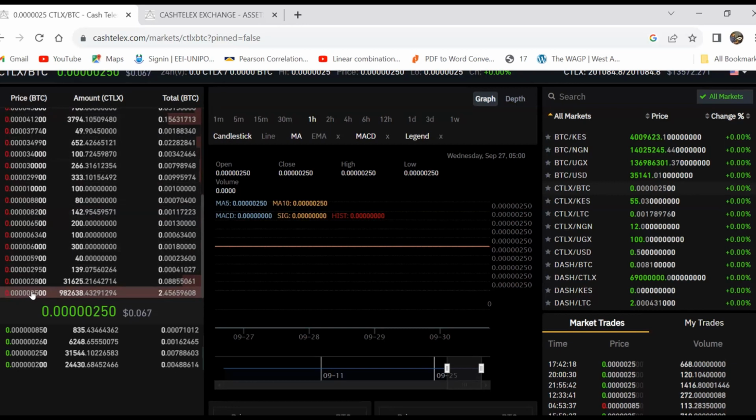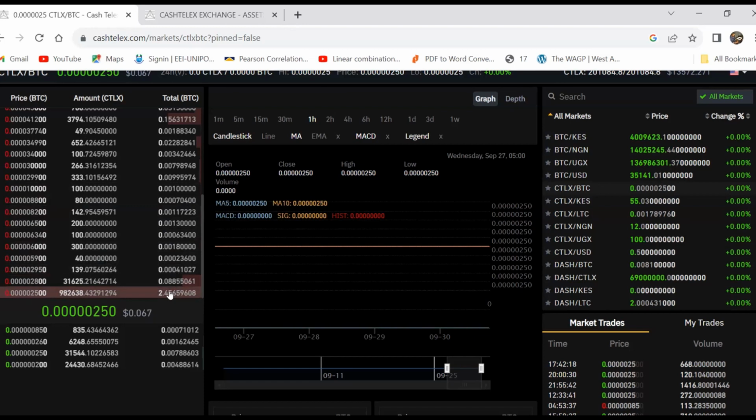The person wants to sell this total amount of CTLX, 9,862, at this price, which is in Bitcoin. So once the person sells this, he is going to get this total number of Bitcoin. He's selling all this CTLX at this rate to give him 2.4 BTC.